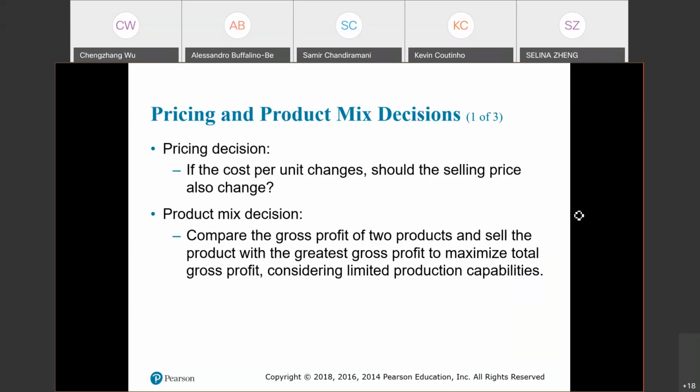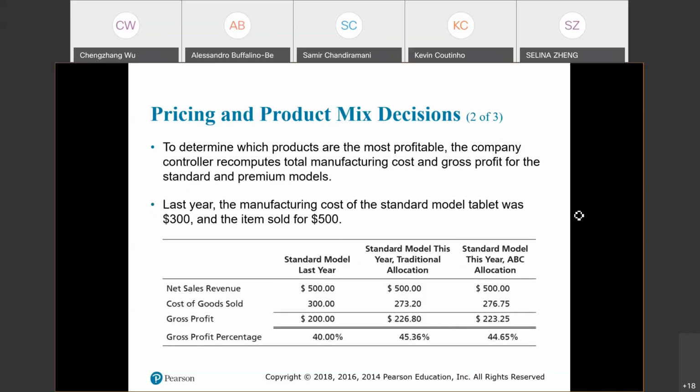Let's assume last year the cost for standard model was 300 and the selling price was 500.